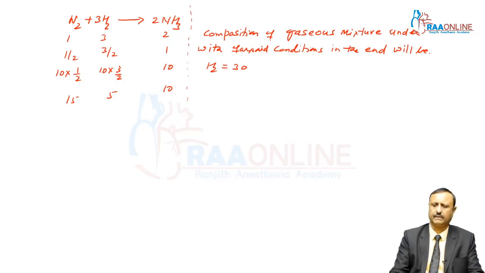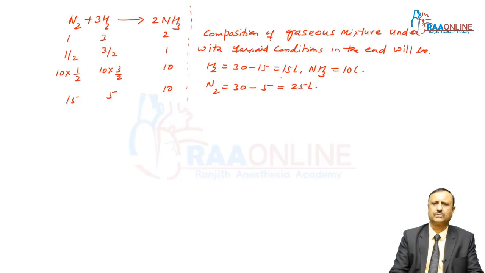Initially 30 of hydrogen is taken, minus 15, you get 15 liter. Ammonia, you get 10 liter, and nitrogen, initially 30 minus 5, and you get 25 liter.